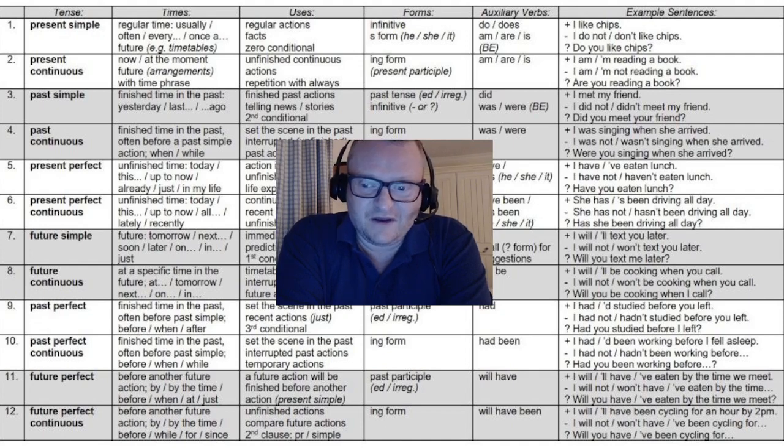I teach a lot in Poland, mainly in Poland, and Polish people complain, "Oh, there are so many tenses. In Polish there are only 3 tenses." I say, yeah, but in Polish you've got 7, 8, 9 different words for table, depending on the context.